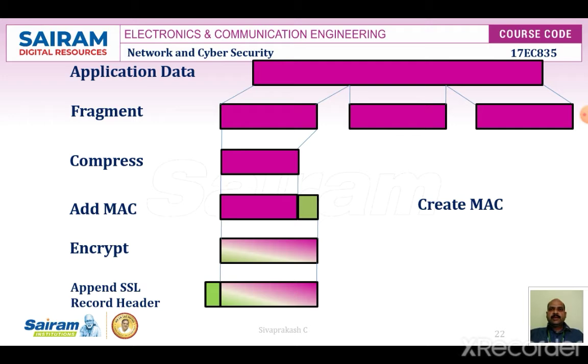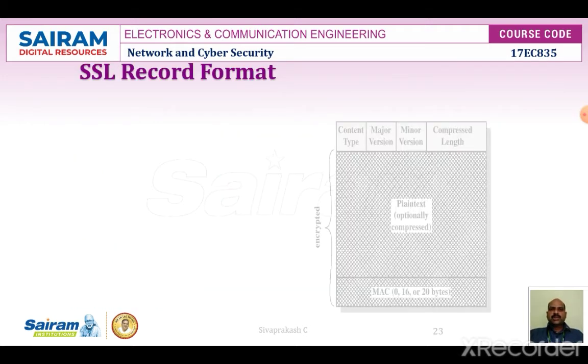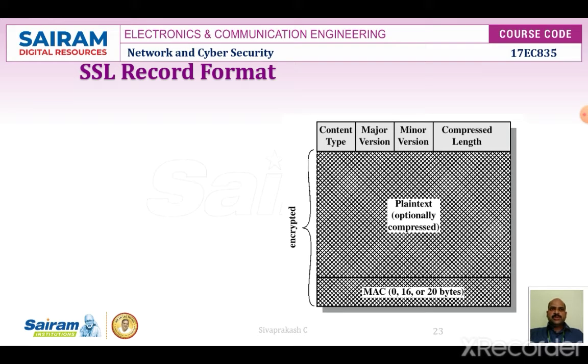The figure indicates the overall operation of the SSL protocol. Here the record protocol takes an application message to be transmitted, fragments the data into manageable blocks, optionally compresses the data, applies the MAC, encrypts, adds a header, and transmits the resulting unit in a TCP segment.